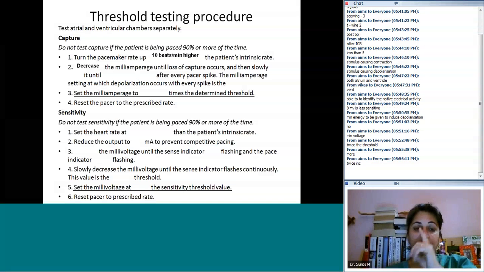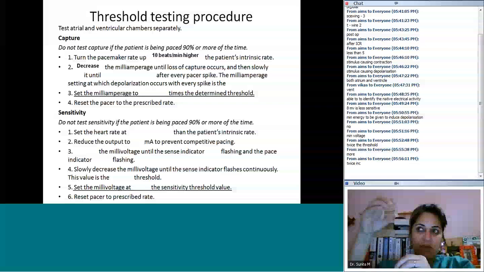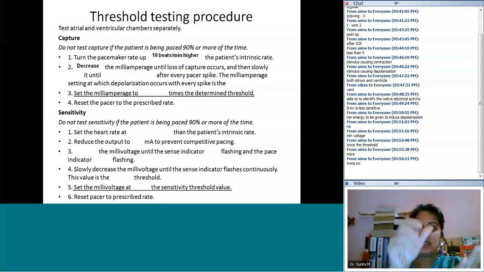So what you're doing now is you are pacing the ventricle at a higher rate than his own rate. You keep decreasing the milliamperage, you keep decreasing your volts until you don't see your pacing spike anymore. There's no capture, right? So at this point you're not capturing at all. Let us say you set it at 10, you come down 8, 6, 4, and now you don't capture.